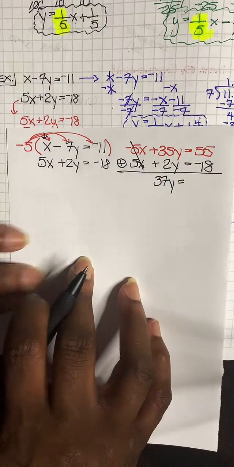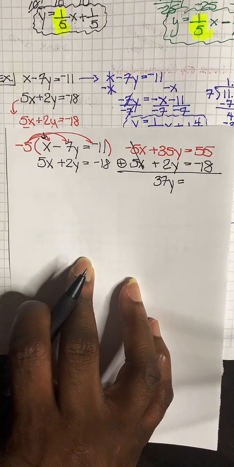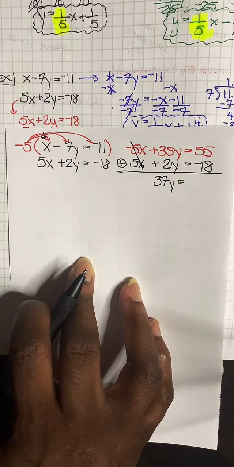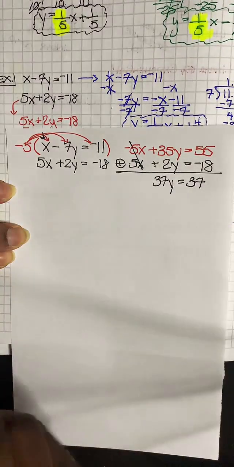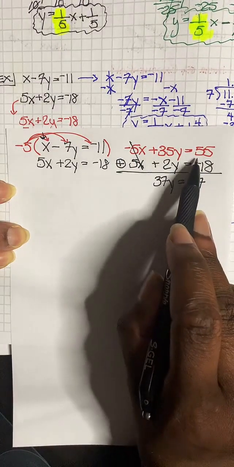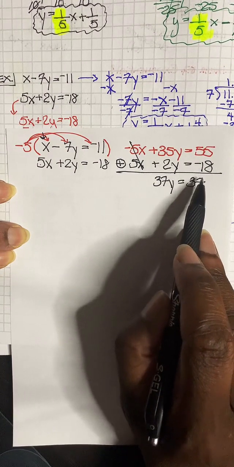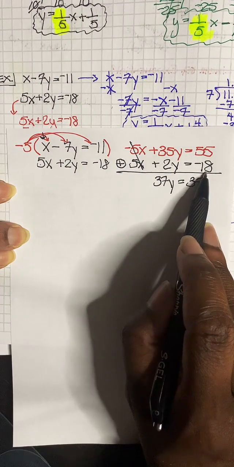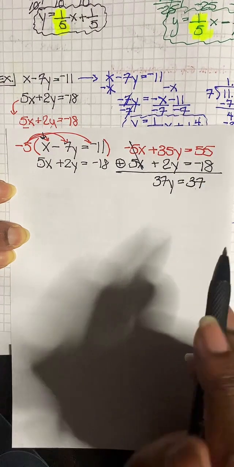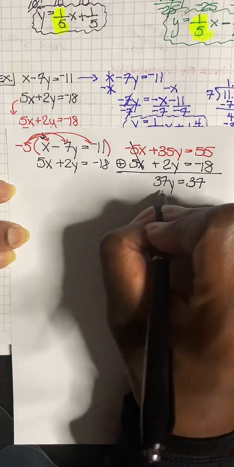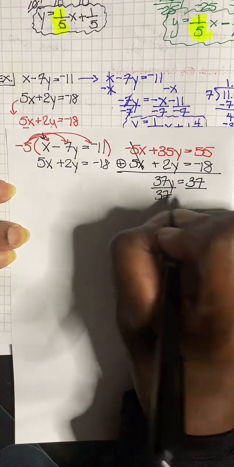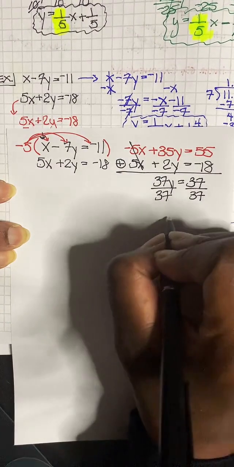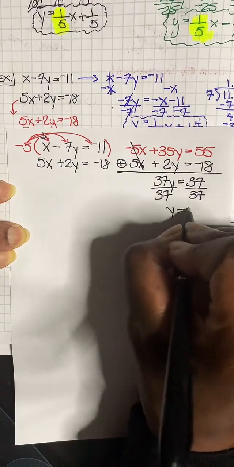And then I have my 55 minus my 18, 37. And it's going to be positive because if I have $55 and I minus $18, I spent $18, I have $37 left. So dividing both sides by 37, we get y is equal to 1.